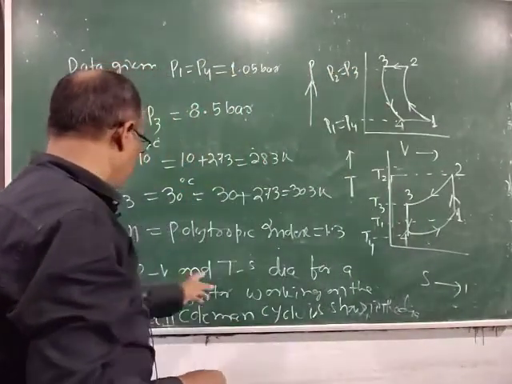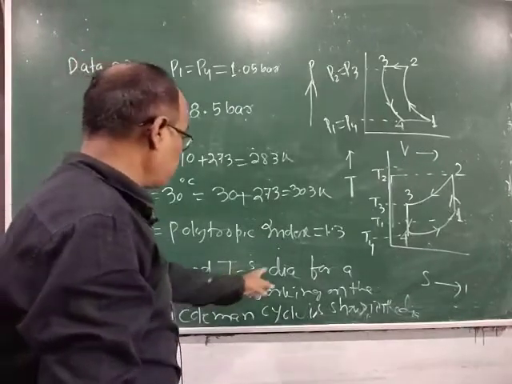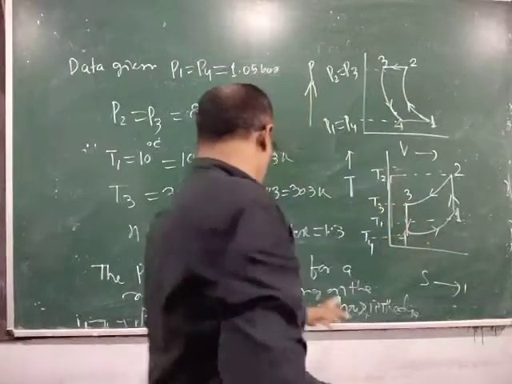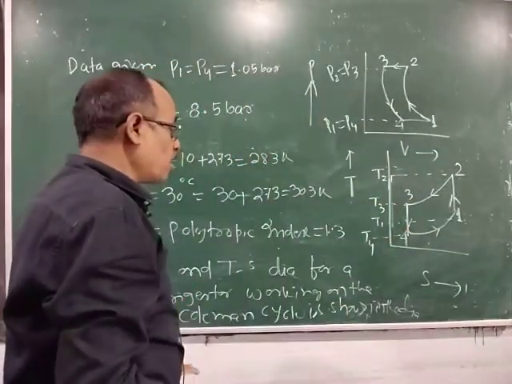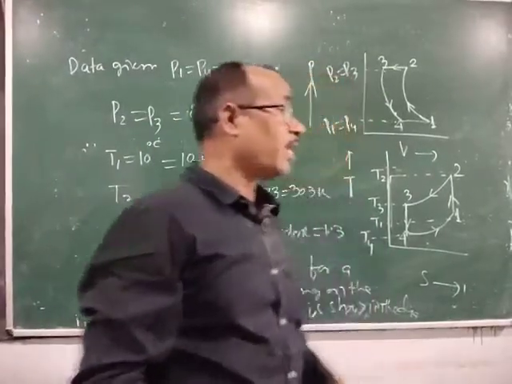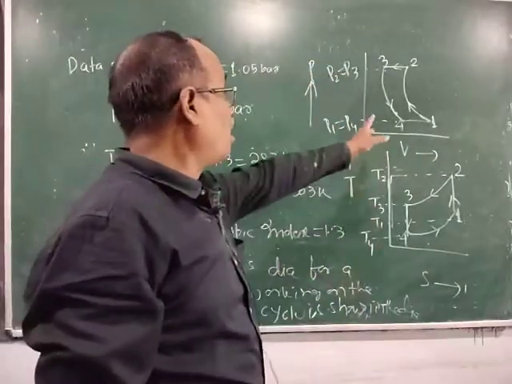The pressure volume and temperature entropy diagram. This is the pressure volume and the temperature entropy diagram for a refrigerator working on the Bell-Coleman cycle, as shown in the diagram.